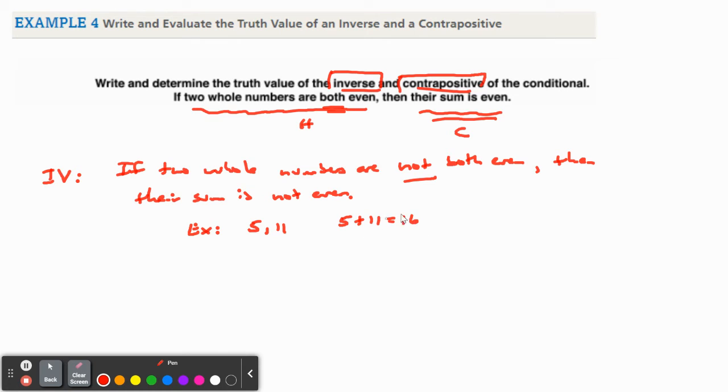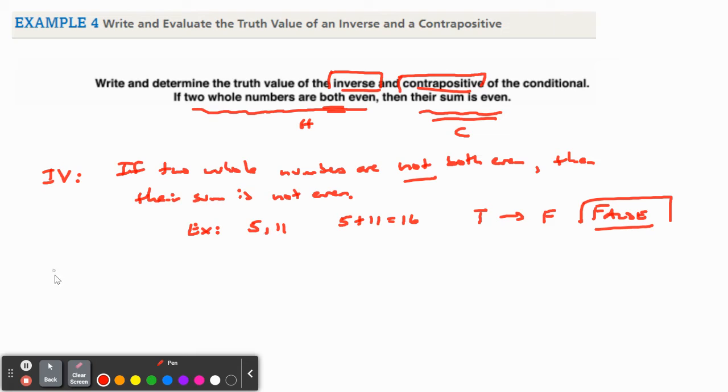That's even. It says they have to be odd. So I was able to come up with an example where you had two numbers that were both not even, but then the sum was even. So again, this is one of those true leading to false. That's the only situation where your conditional statement is false.